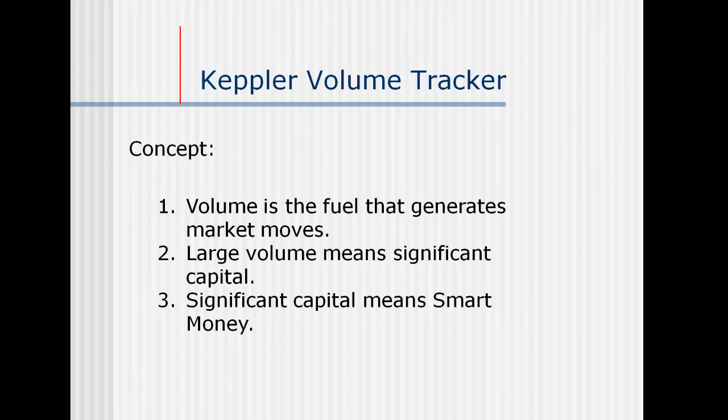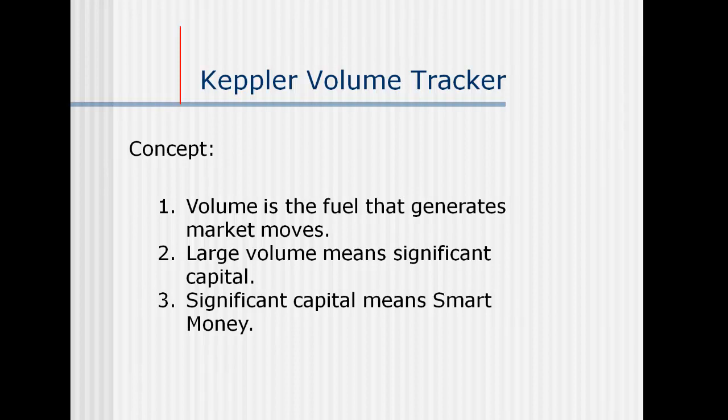Rarely will they come in and plop down just a huge sum and then walk away. What they will do is they'll disperse their purchasing over a period of time at different price levels, and we are able to detect and track these movements in the market through the use of the Kepler volume tracker.